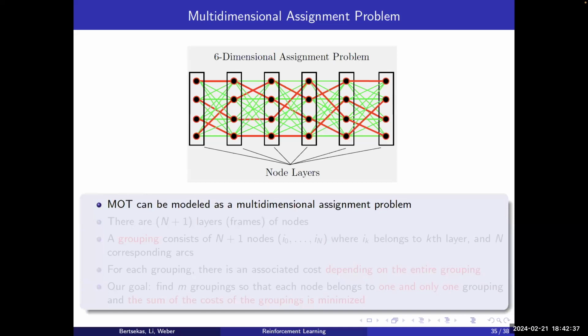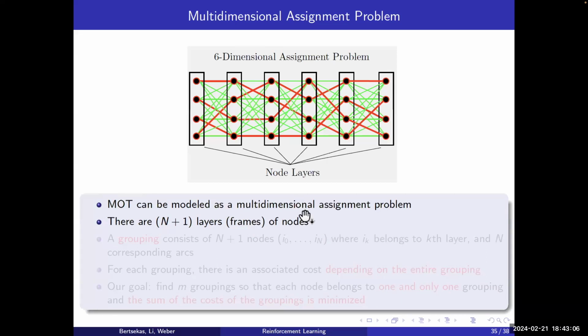So mathematically speaking, as I alluded to a moment ago, this type of problem can be modeled by the so-called multi-dimensional assignment problem, whereby we have multiple layers of nodes, and this particular figure is a 6-dimensional assignment problem. In general, we say that there are m+1 layers of frames of nodes.